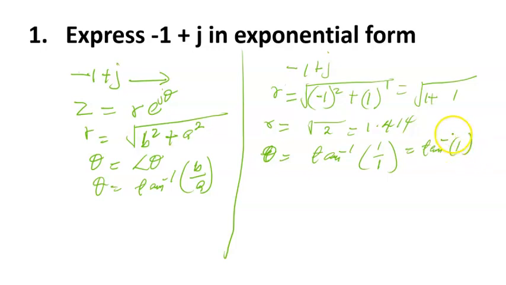Now the tan inverse of 1 from our basic trigonometry is 45 degrees. But it doesn't stop there. Let's go to our Cartesian geometry, because you see that my real part here is negative 1, that is, it's on the negative axis, and my imaginary part here is positive 1. So r comes in this direction, and here is where I have my 45 degrees.